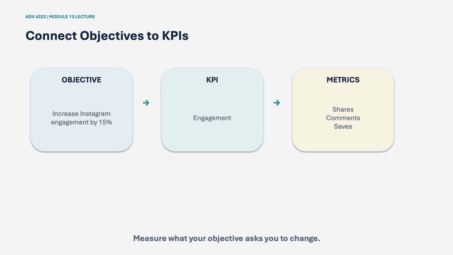You might examine shares, comments, saves, or an engagement rate depending on how you've defined the objective. Don't select metrics simply because they're available on a dashboard. Select them because they provide evidence related to your objective. In other words, measure what your objective actually asks you to change.